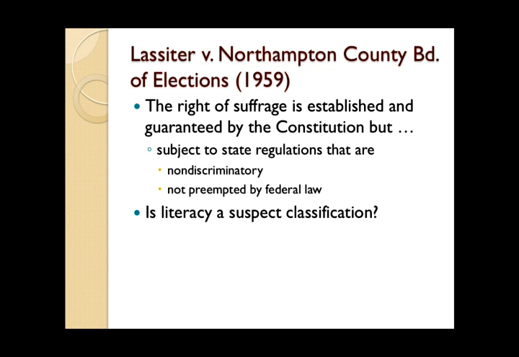Well, the court says in the middle paragraph on page 9, literacy and illiteracy are neutral on race, creed, color, and sex, as reports around the world show. So those seem to be the suspect classifications: race, creed, color, sex. Those are the classifications that the court is worried that a state could discriminate based on. But literacy itself is not a proxy for one of those classes.